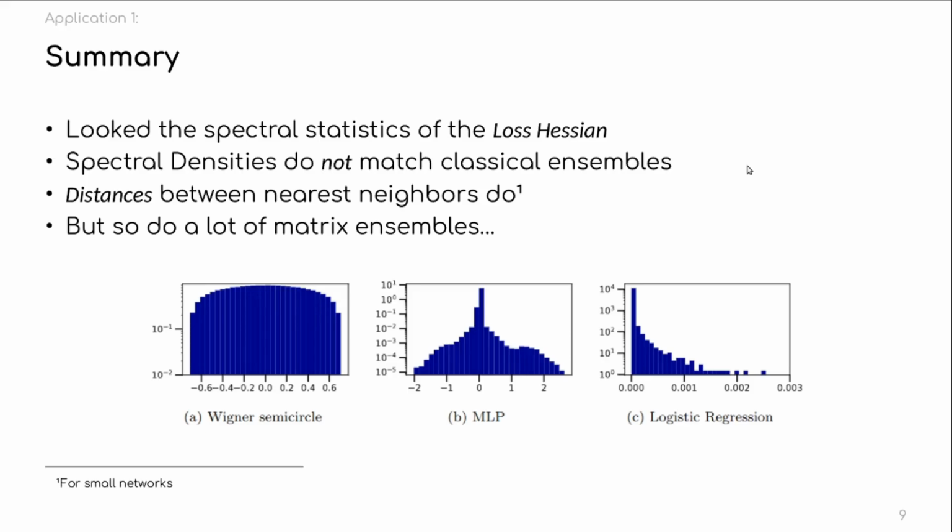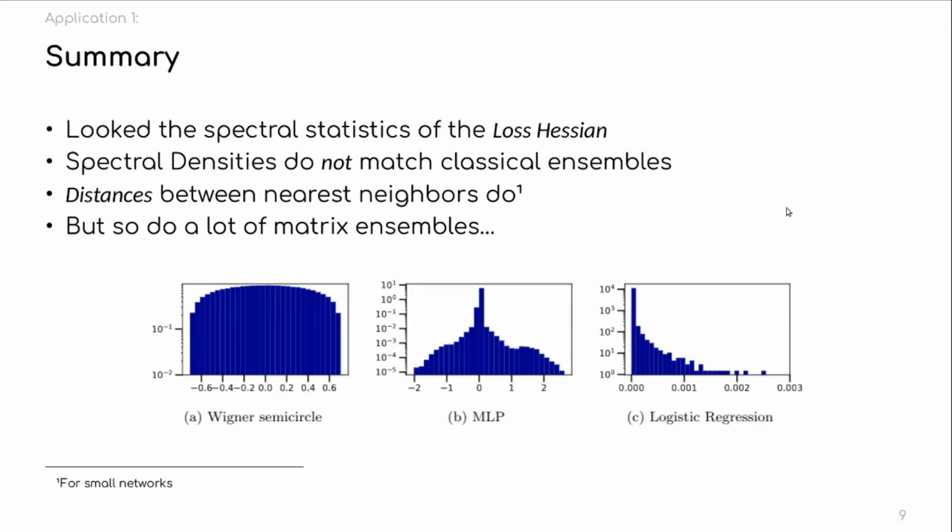But they do mention that while the exact density does not match anything we know, the distances between nearest eigenvalues do match what we know, so they follow this Wigner surmise. But then again, I didn't really get their conclusion because a lot of matrix ensembles verify this, so it's not clear exactly what to conclude from this paper.